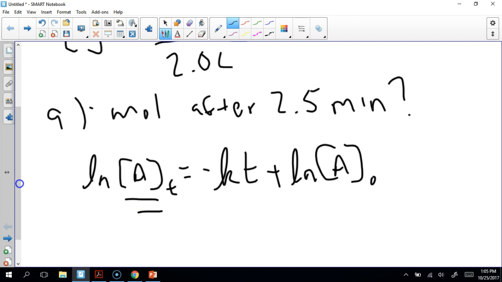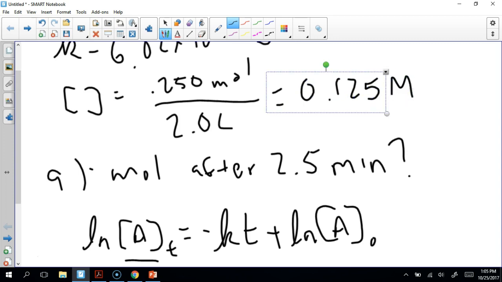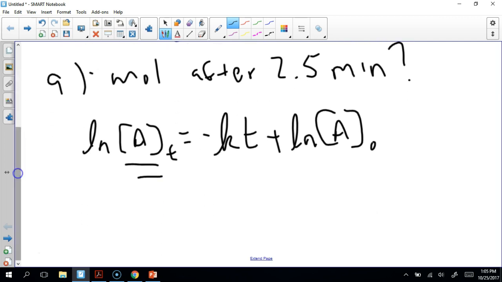The first thing that we're going to do probably is we're going to have to calculate what the concentration is. So 0.250 divided by 2. And the concentration here equals 0.125 molar, and that's our initial concentration.